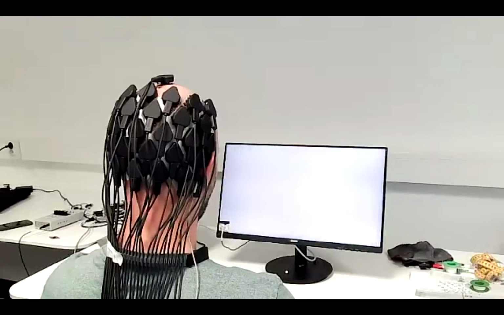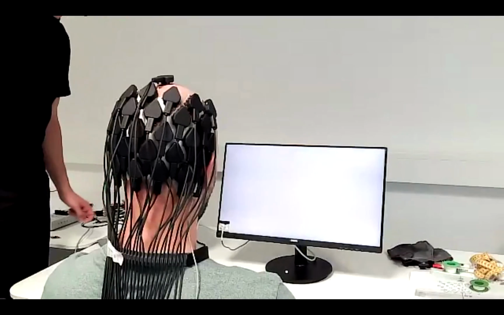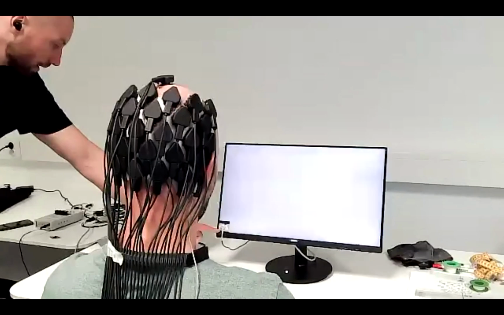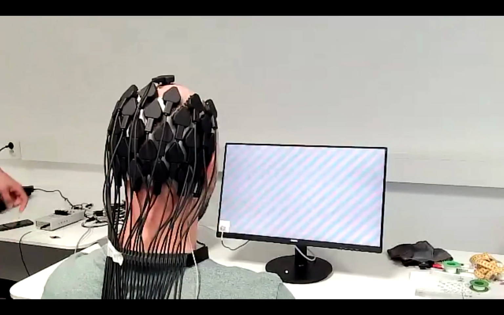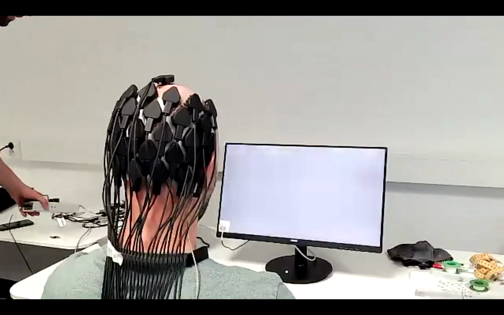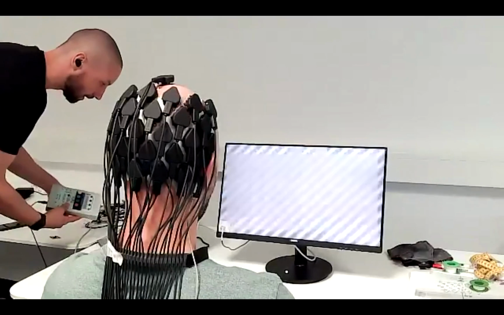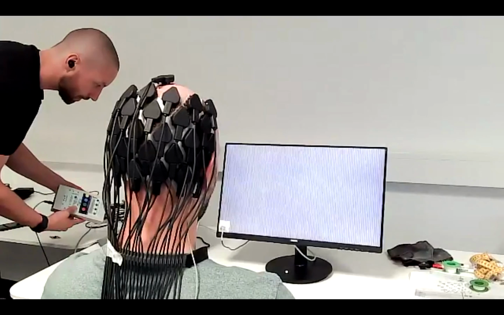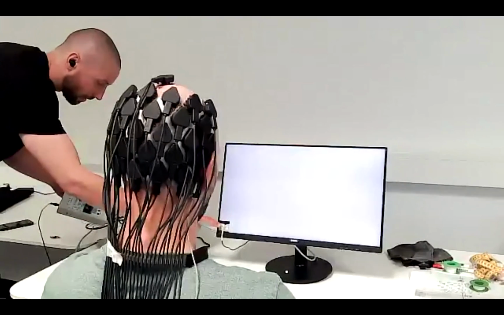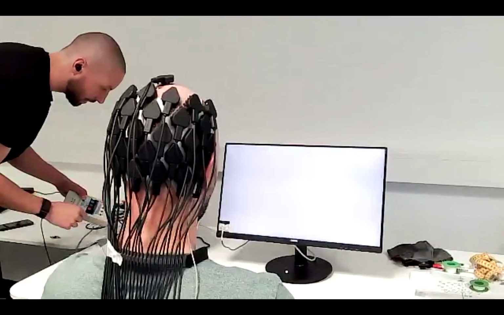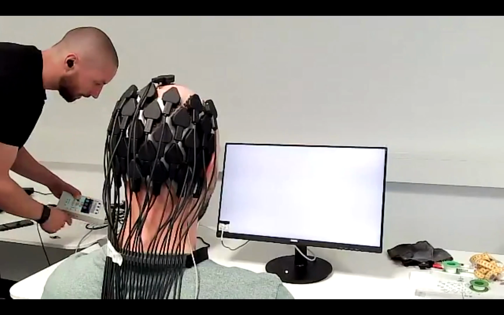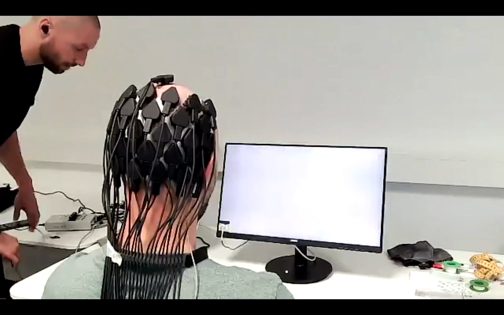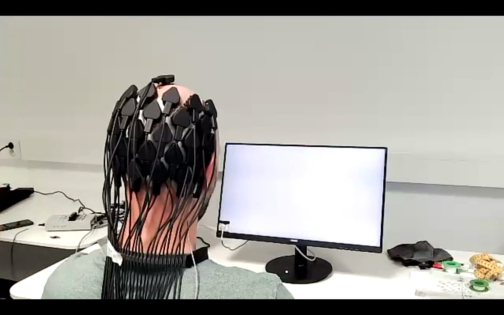I just saw that somebody asked for the trigger specifically. I can just point here now. You can see this little window that flashes up white whenever there is a presentation. I guess you cannot really see the LED on our trick box here, but whenever this sensor is grabbing the white compared to the black, we get a trigger in our trick box. That trigger we feed back with this cable to the HIAMP, the biosignal amplifier, and with that we have it in our data.